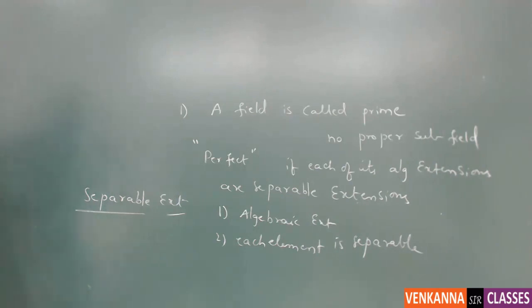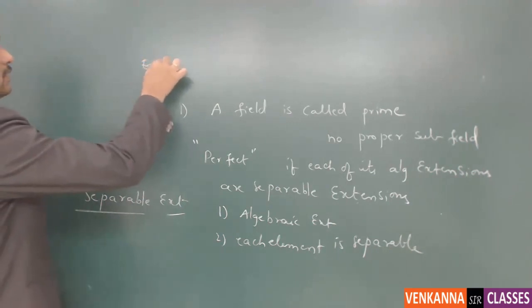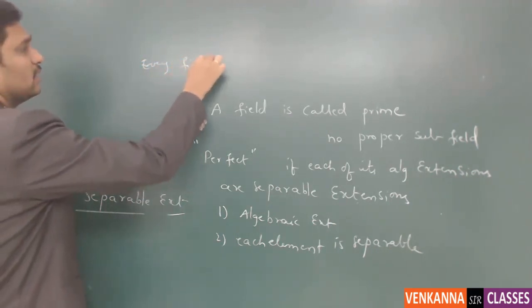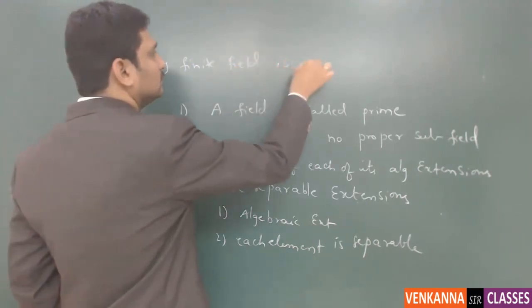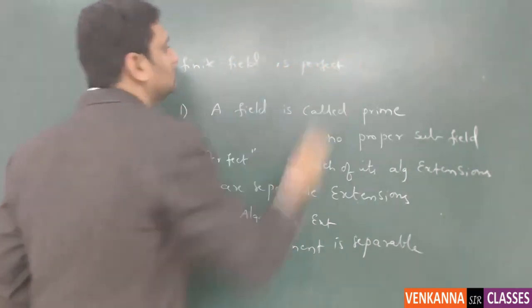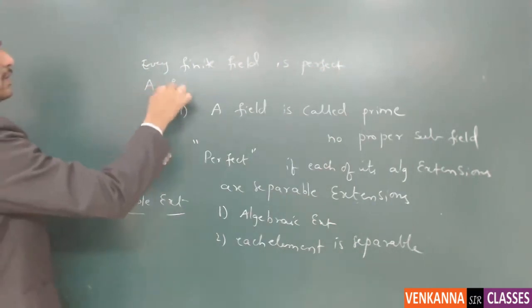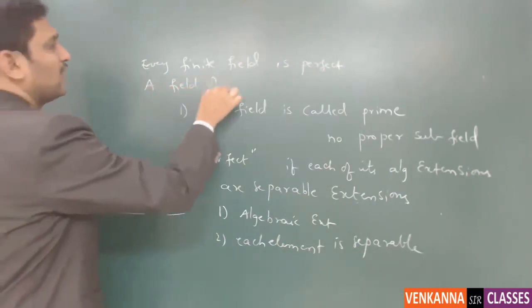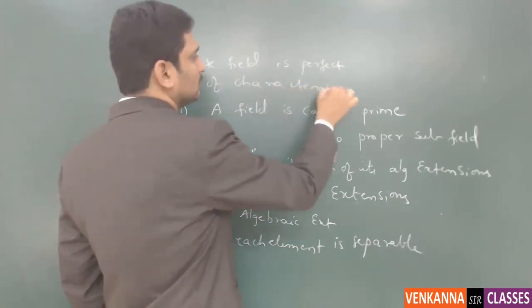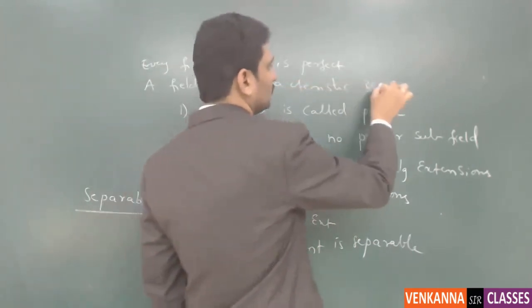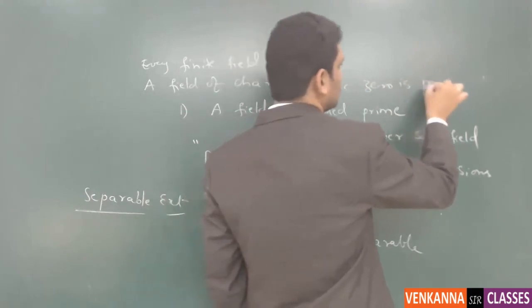So if you want some examples, every finite field is perfect. A field of characteristic 0 is perfect.